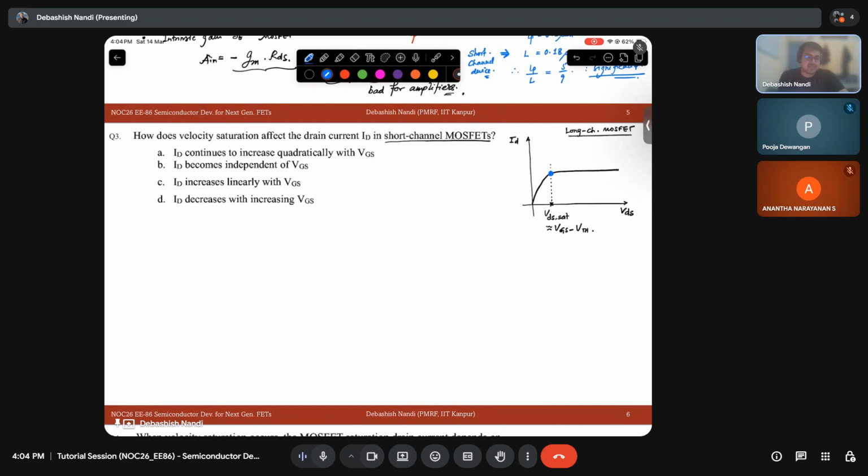And why does this saturation happen in long channel MOSFETs? Before we go to velocity saturation, can you tell me, try to attempt to answer why this current saturates?